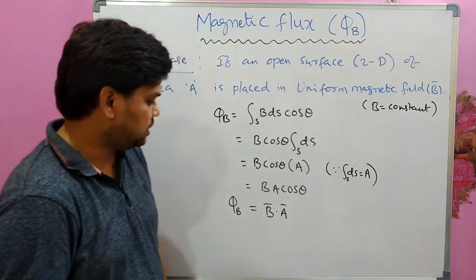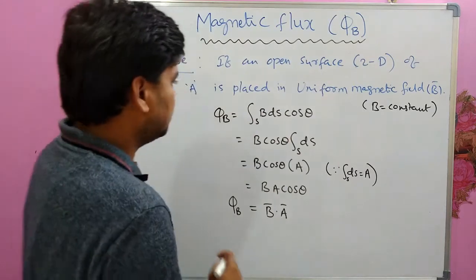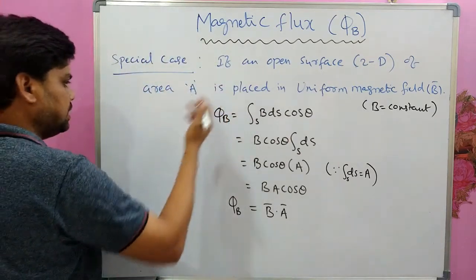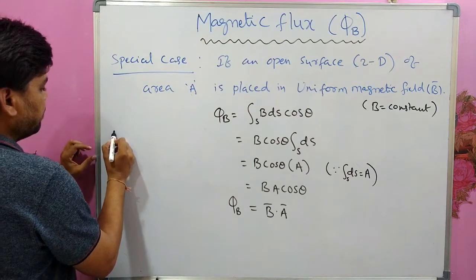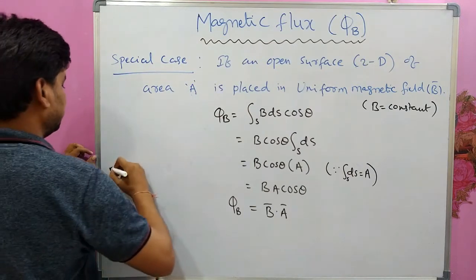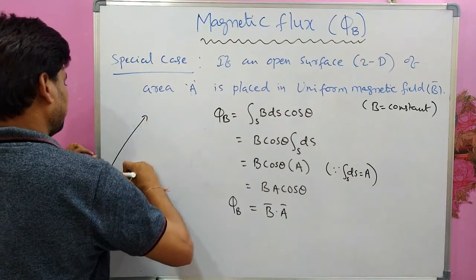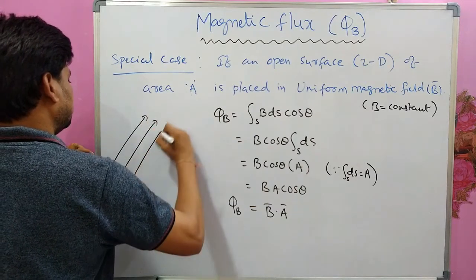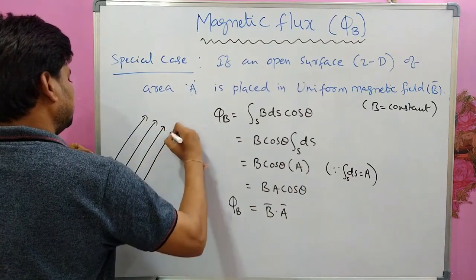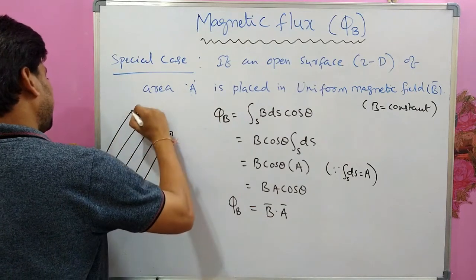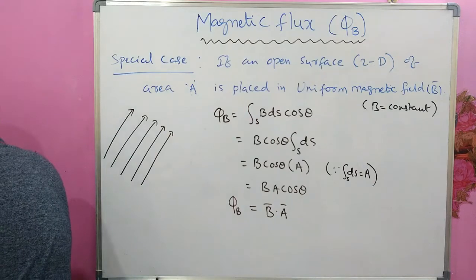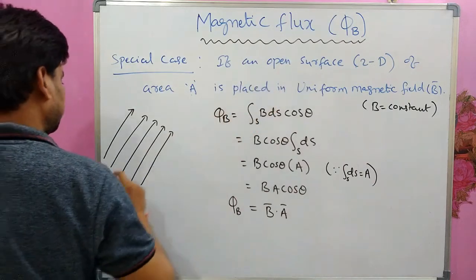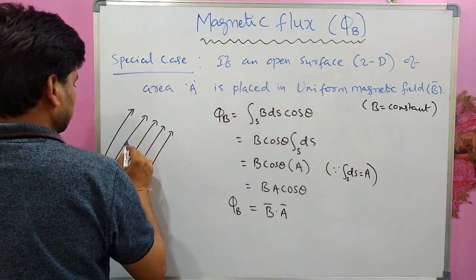So how does the picture look, for example? If this is the magnetic field direction, uniform magnetic field means the magnetic field lines are parallel, equidistant and straight lines, and in that I am placing a 2D surface.